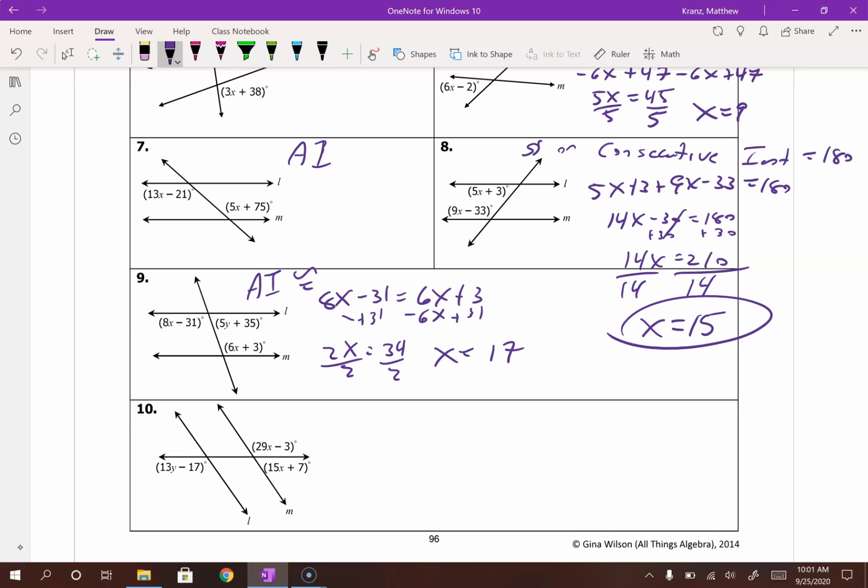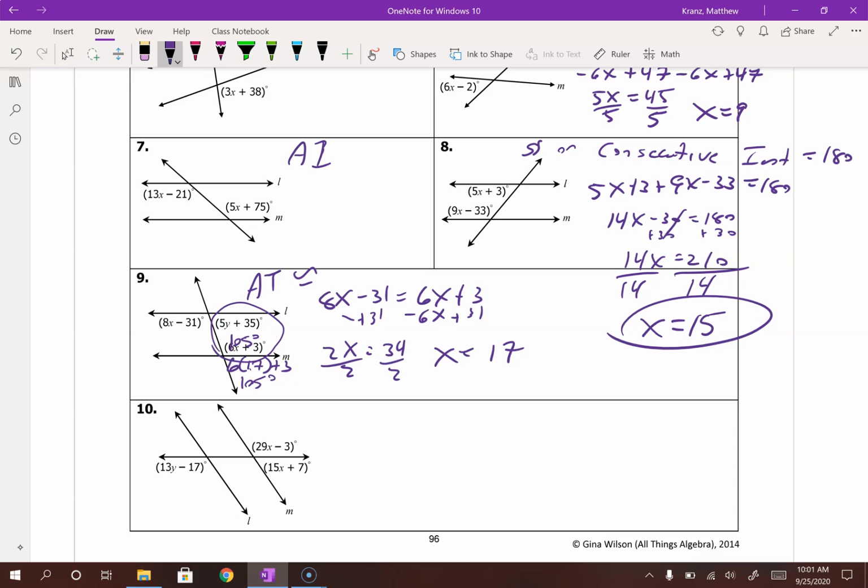So that means that this is 6 times 17 plus 3, and this is 8 times 17 minus 31. I'll go with the 6 times 17. 60 and 42 is 102, so this is 105. So this angle is 105 degrees. Well, I know these are same side interior, so they equal 180.